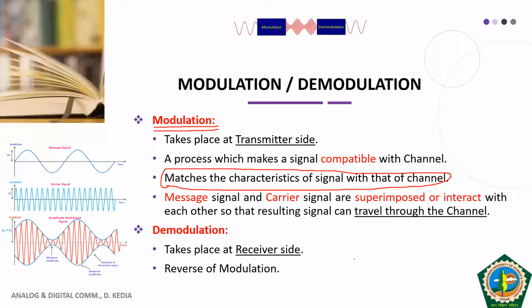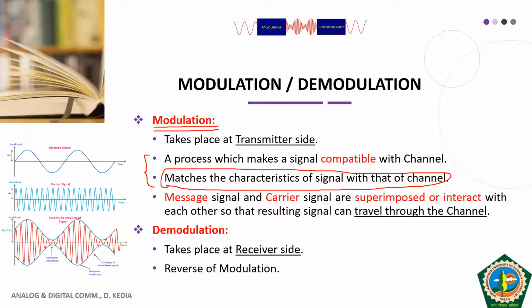Okay, so if I ask you the definition of modulation, I'll call the definition of modulation like this: modulation is a process which makes our signal compatible with that of the channel. In other words, it is a process which matches the characteristic of the signal with that of the channel. Either of the two things, this is one and the same thing. And I am trying to make you understand again and again that modulation makes your signal compatible with channel. If the two things are not compatible, then signal will not be able to travel.